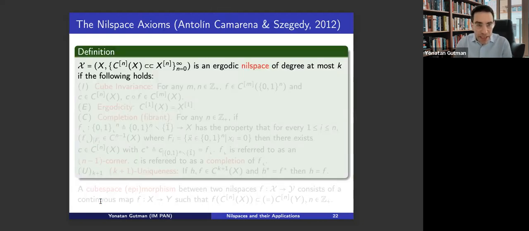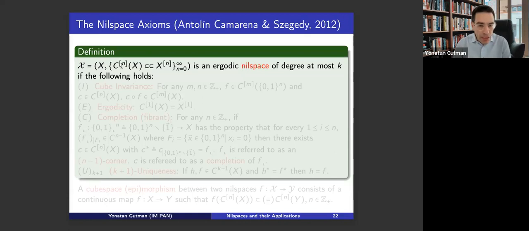And so here we have the Nilspace axioms, which appear in a paper by Camarena and Szegedy from 2012. So this is a pair consisting of X, a compact space, and this collection of cubes for every n.